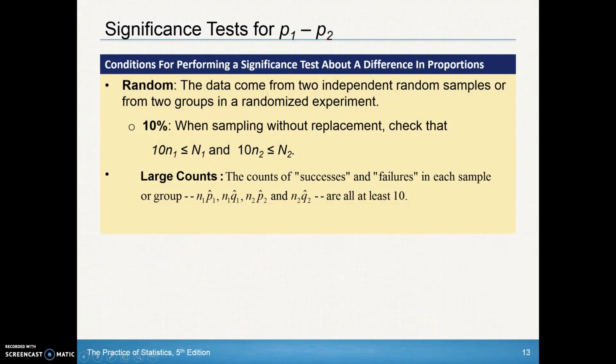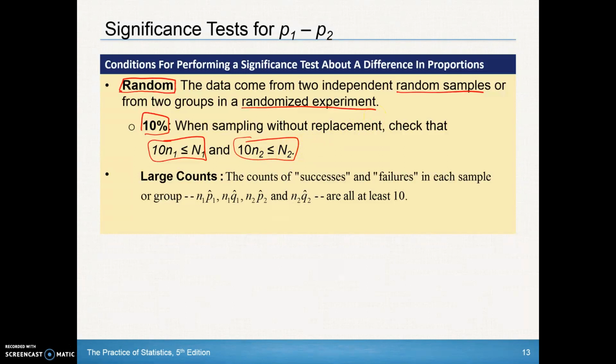In our second box, for our conditions for inference, we still want randomness. We still want to make sure we've got random samples or that the experiment has been randomized. We still have our 10% condition, except make sure that we show it for both: 10 times our sample size is less than or equal to the population of the first, and 10 times our sample size of the second is less than or equal to the second population.